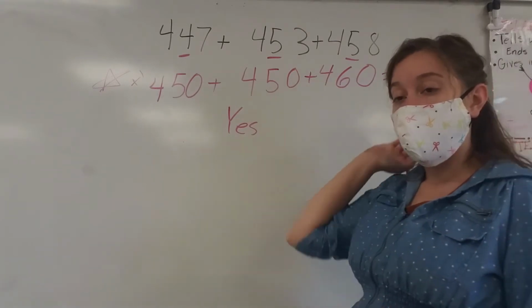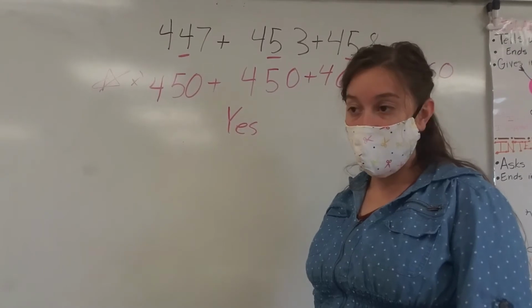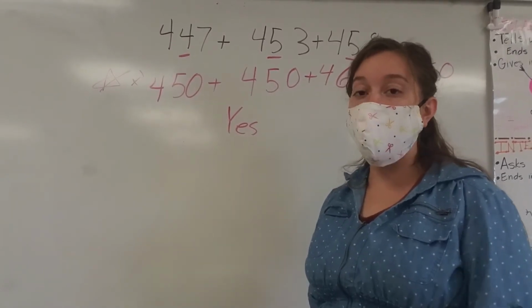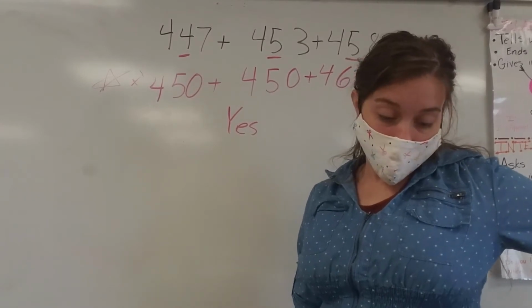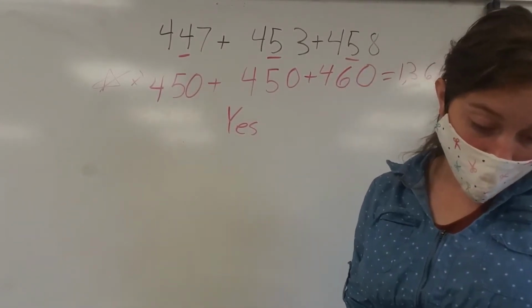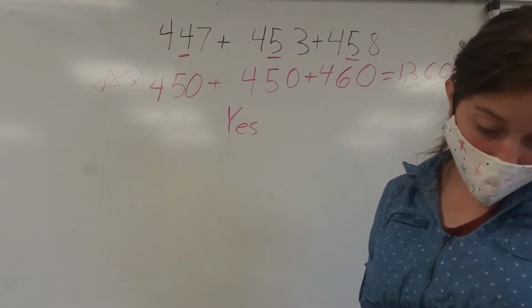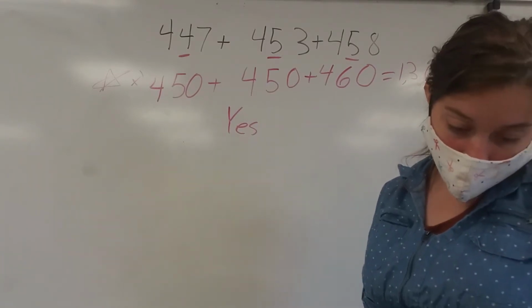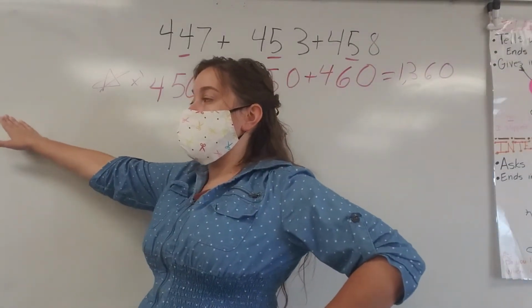Maybe she thought rounding was easier than some of the other ones, okay. And because we've been talking about rounding. Right. We couldn't really just do the front end, right?